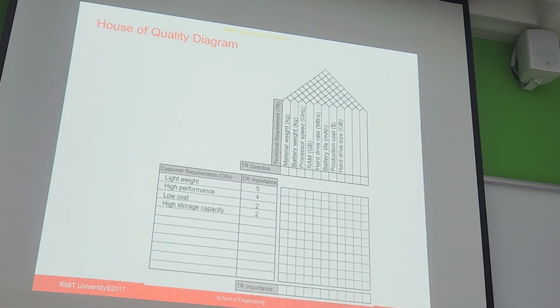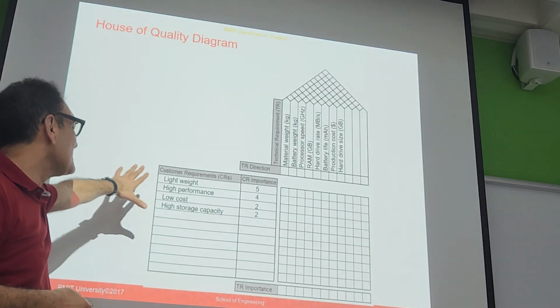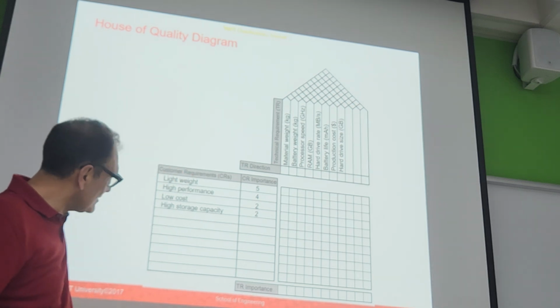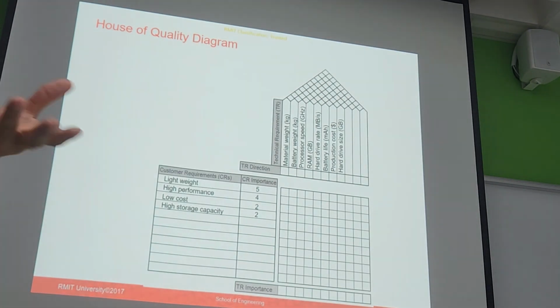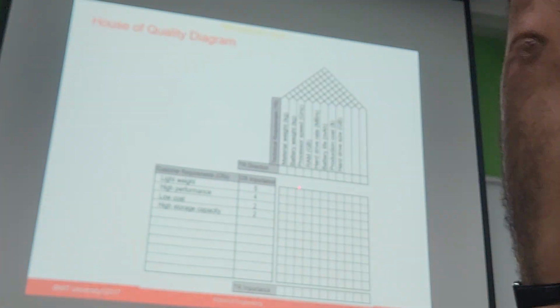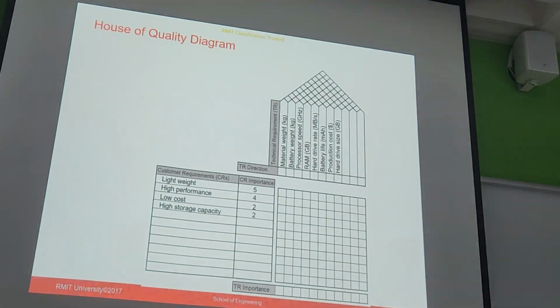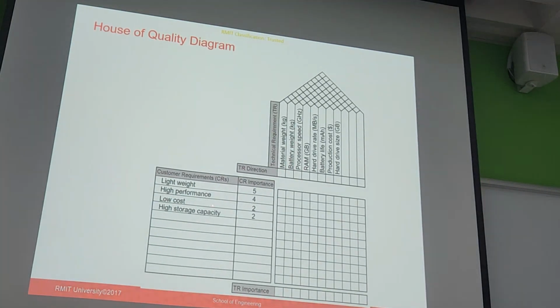Why? Because the customer doesn't know too much. You are a technical person and you sit with your friends and colleagues and you say, lightweight, high performance, low cost, and we consider the whole of the requirements. Customer doesn't know about the material weight. He says lightweight, but he doesn't know the bottom weight.